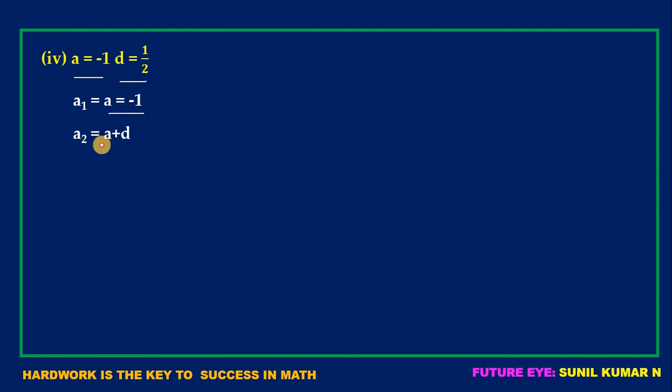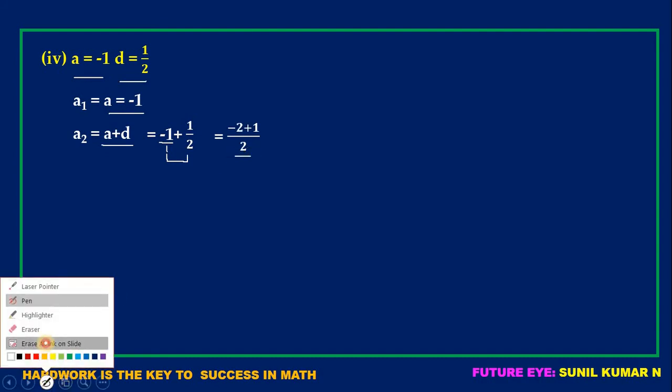Now A2 we can write as A plus D. Substitute the values: minus 1 plus 1 by 2. And here the D is a rational number, hence you have to be careful and learn how to add or subtract this. Here in the denominator nothing is there, take 1. Now multiply the denominators. 1 into 2 is 2, that I have written in the denominator place.